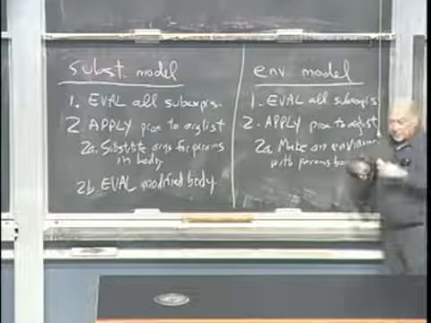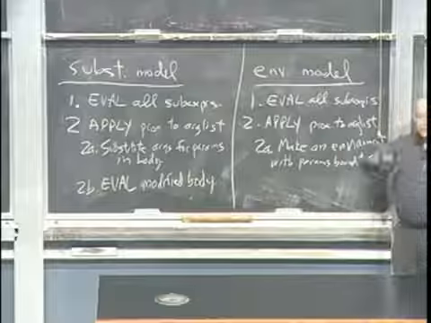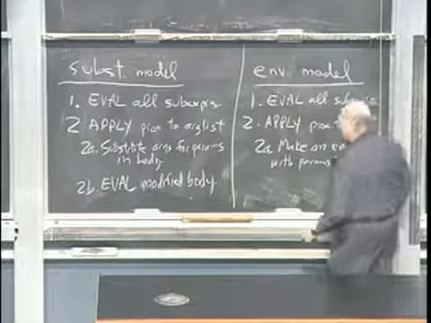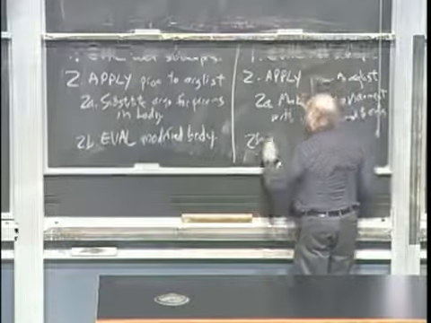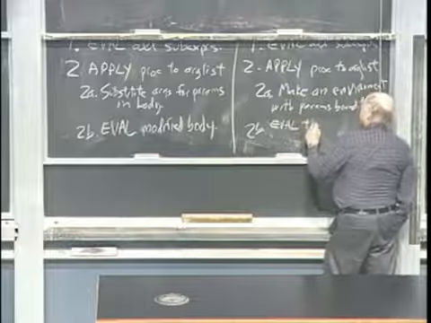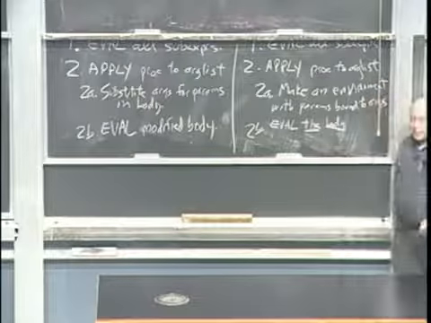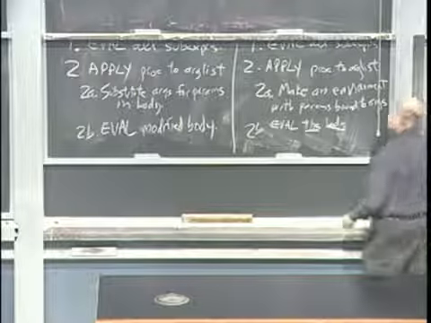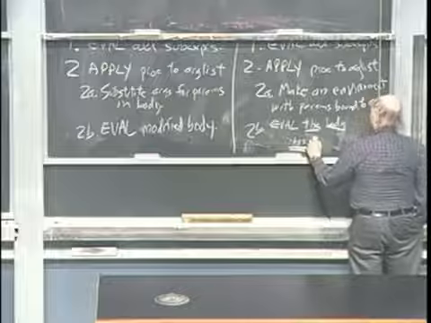Bound to means like pointing to, having that value. Okay, so we make this new kind of thing called an environment, and then 2b says eval the body. Not some different version of the body, but just the body in the new environment.